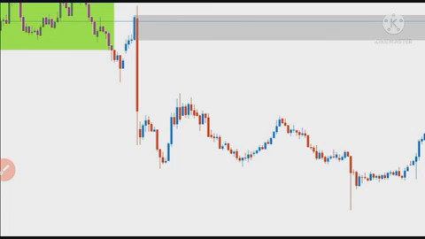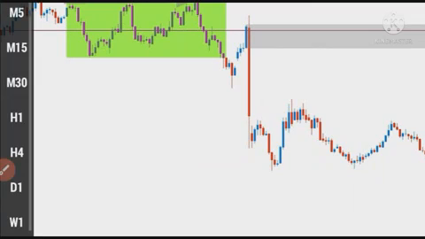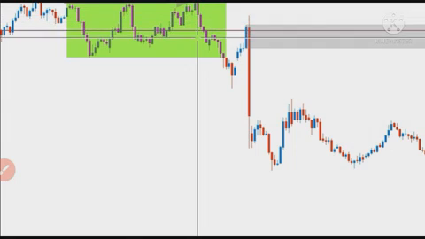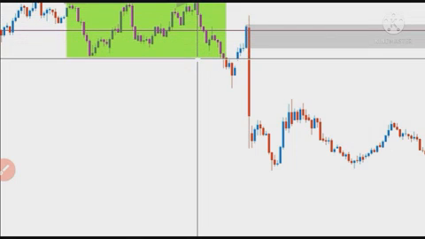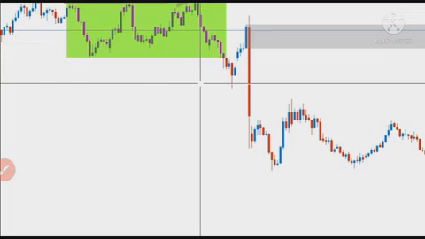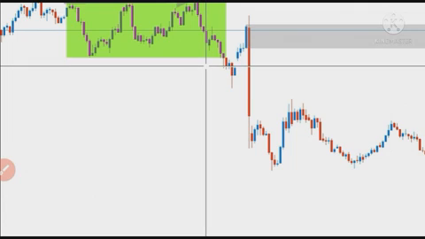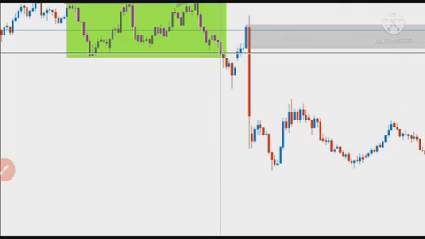Now, take a look at this. After the market took liquidity here, it came down to break below the structure low here and form a lower low. Can you see that? Immediately that happens, your eye should go to the last opposite candle before the break of structure.